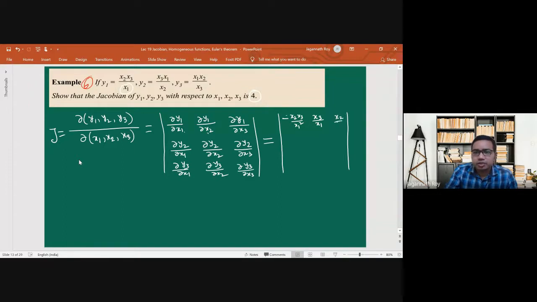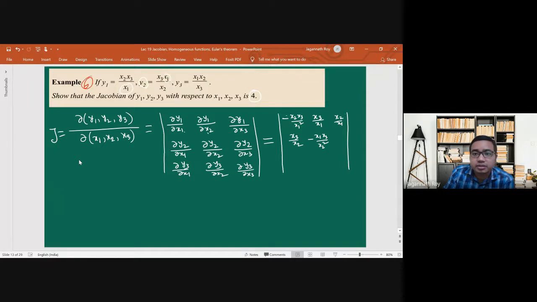Similarly x2 by x1. For the second one, del y2 del x1, x1 is already in the numerator, so x1 will get cancelled, I mean x1 will be 1. So here it will be x3 and x2. Similarly, x1 x3 by x2 square.